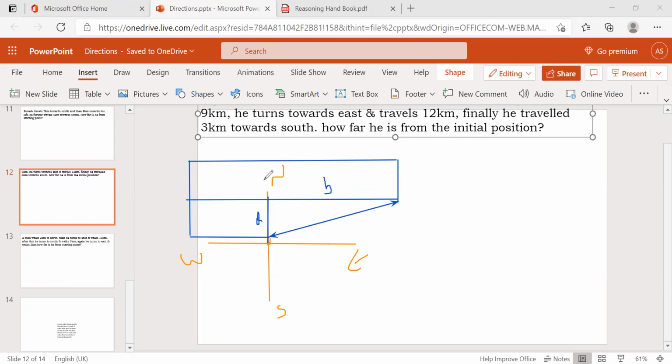Then we can easily find out. Now see here, this total is 9 kilometers, and this total is 12 kilometers. From here to here, they said 4 kilometers, and this is 3 kilometers. First, we just observe these dotted lines here.